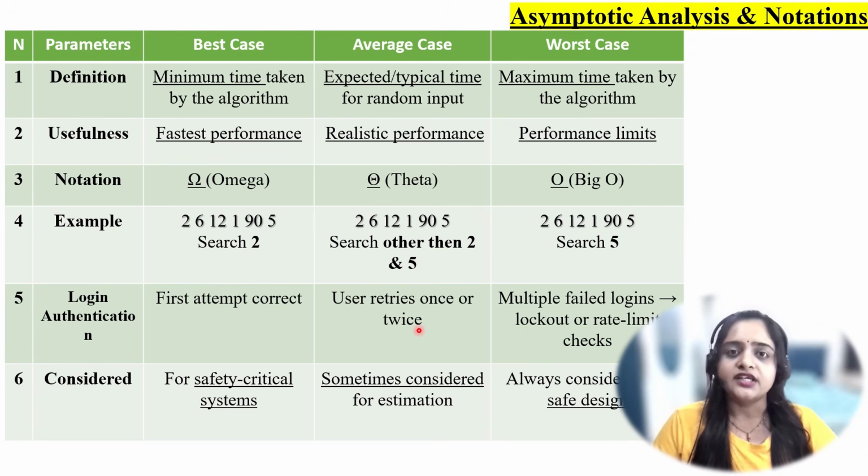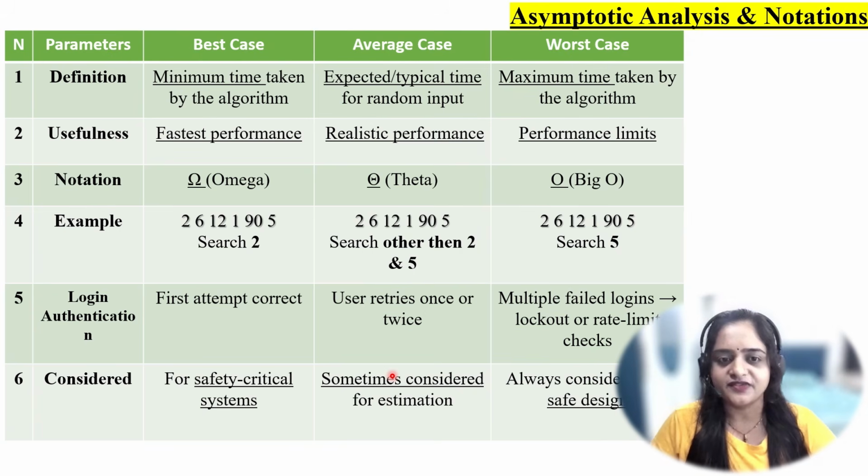And suppose you required 2 or 3 attempts, with a maximum of 3 attempts in any application or website. If you required maximum 2 or 3 attempts for a particular password, that is called the average case. So this is a real scenario that we use in our daily life: best case, average case and worst case.